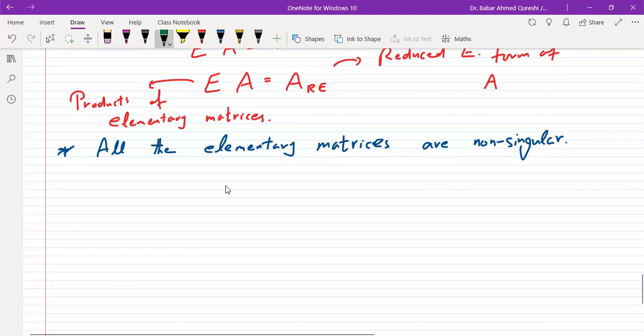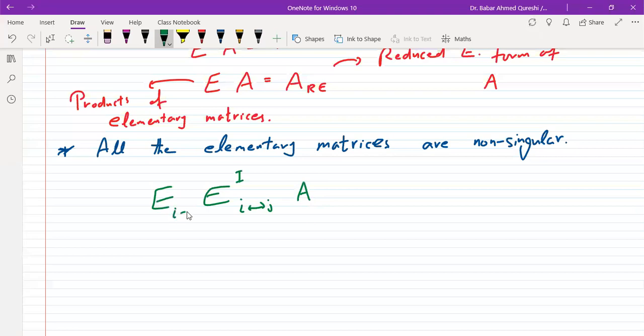Suppose I consider the elementary matrix of type 1, which exchanges row I with J in the matrix A. Then I again multiply with the same matrix.